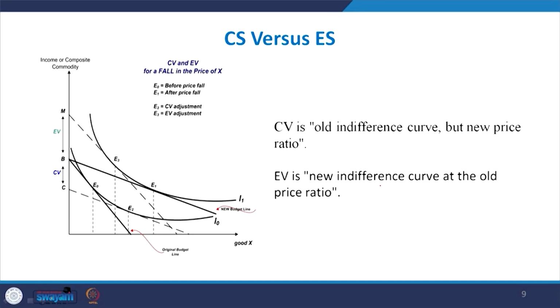E0 in this graph is the equilibrium point before the change in the price. E1 is when the price falls. E2 is the compensated variation adjustment, and E3 is the equivalent variation adjustment.